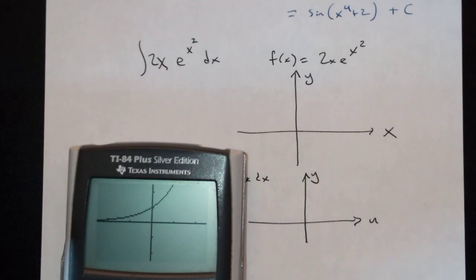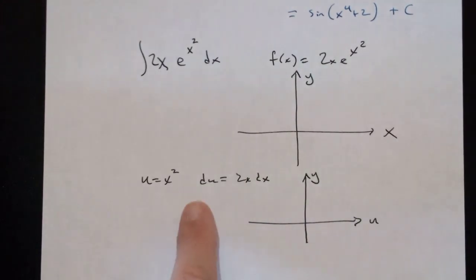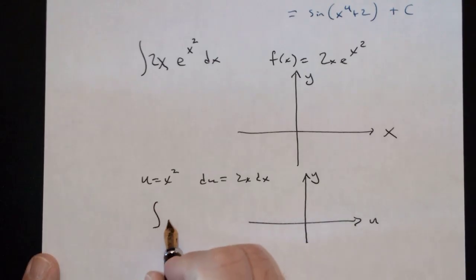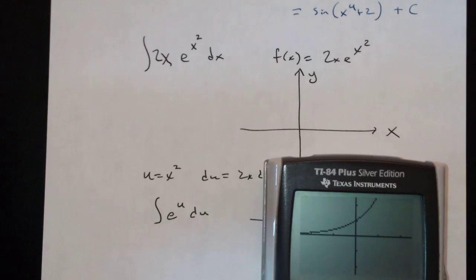Because when I switch this with this substitution, I now have just e to the u. And that's a graph I know. But the width of a rectangle on my page is not the same as the width of a rectangle on your page.